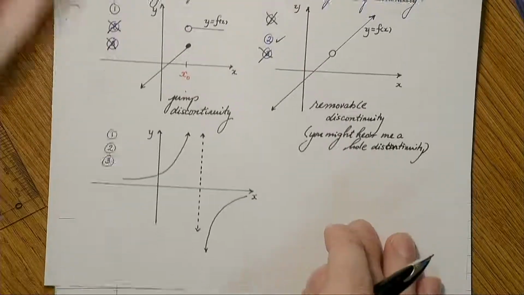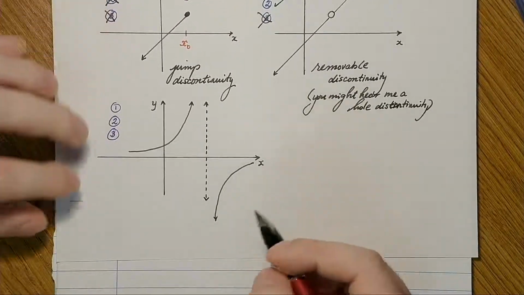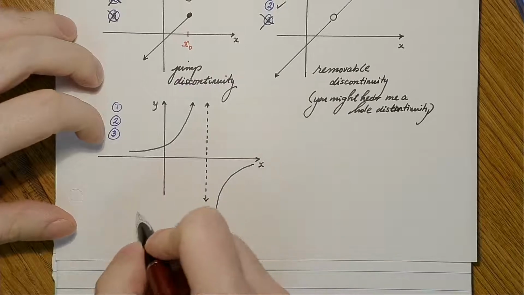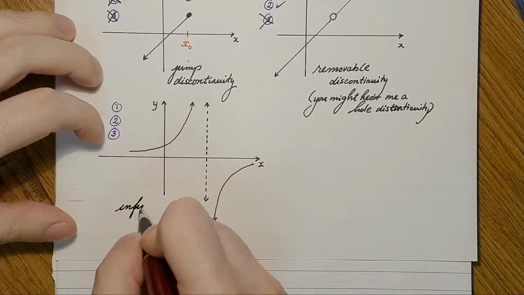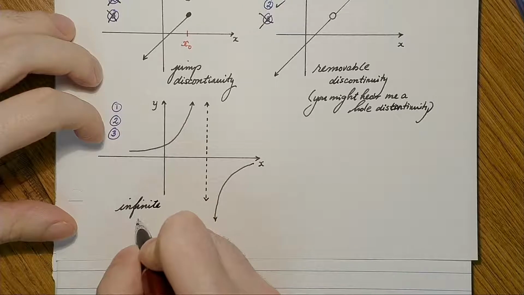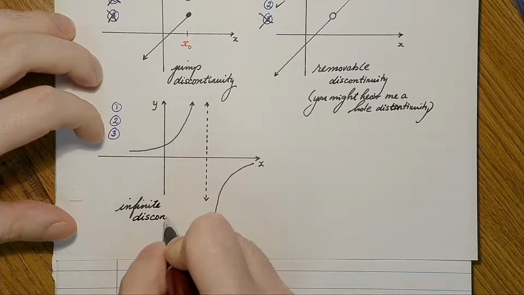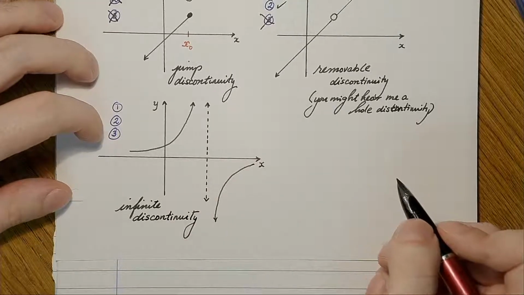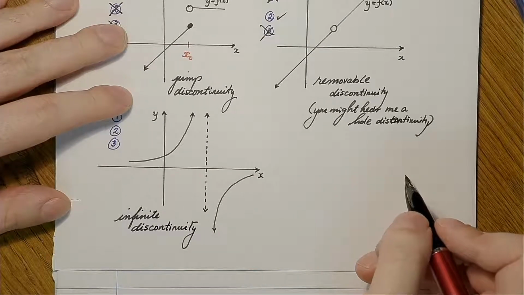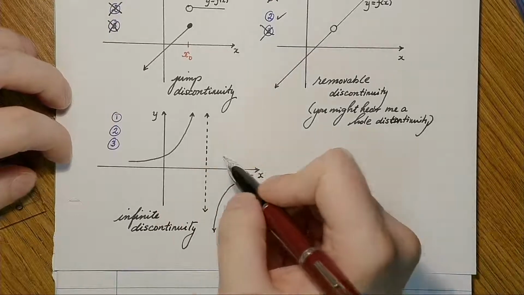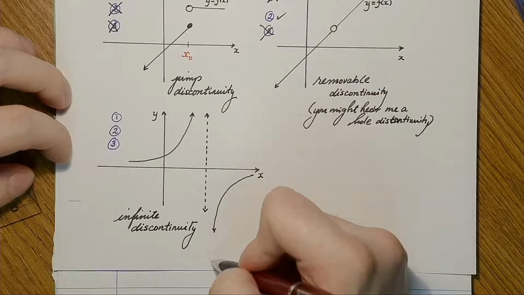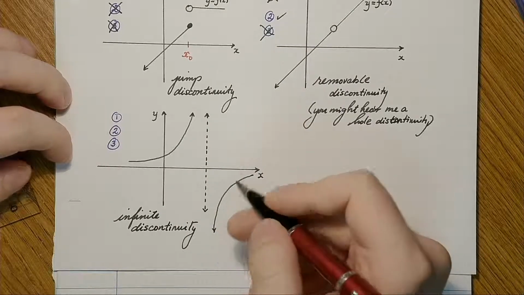Oh, and so then we get this type of discontinuity, and that is called an infinite discontinuity. So we see that it's going off to infinity around this one, and it's going to minus infinity on the right-hand side.